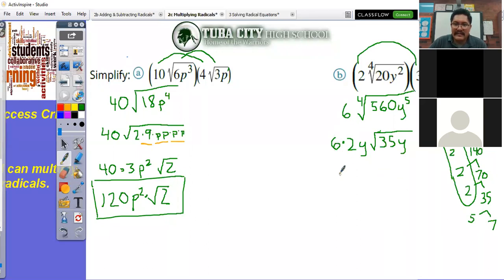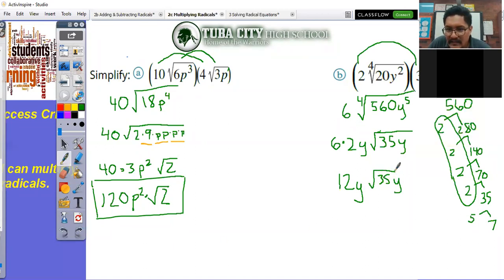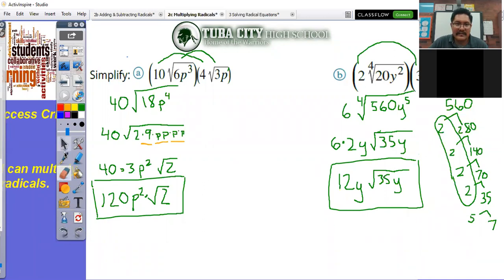And multiply this here, 6 times 2 is 12. 35y, still in the radical, make it a little bit longer, a little bit nicer also. There we go. And we are done with that one.